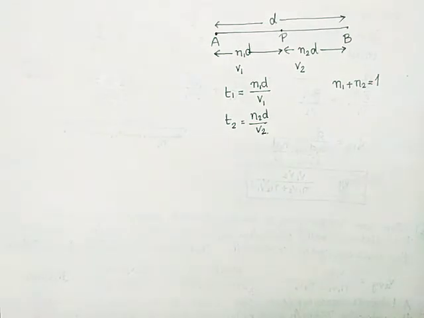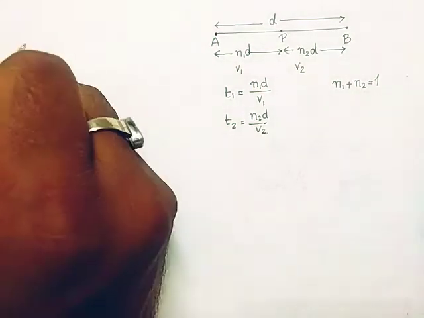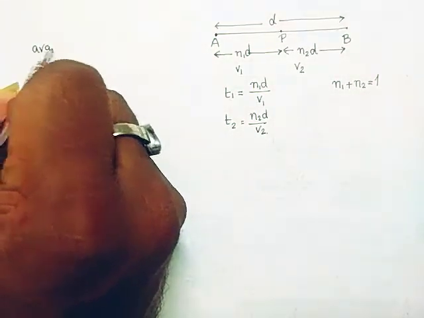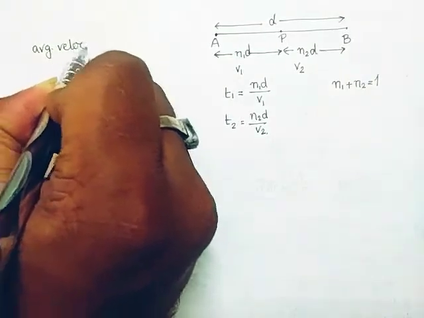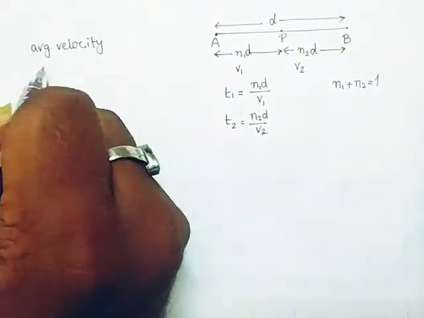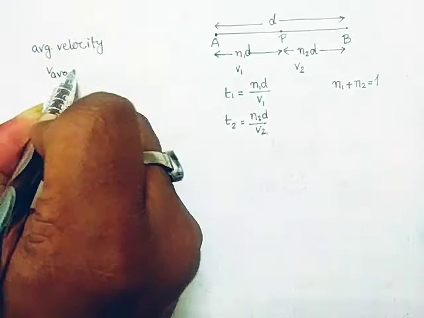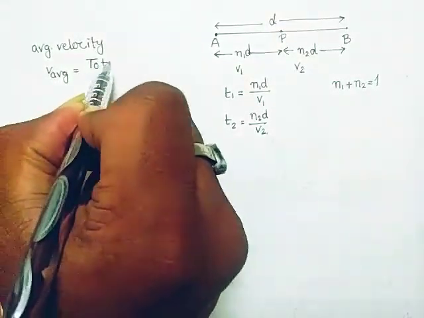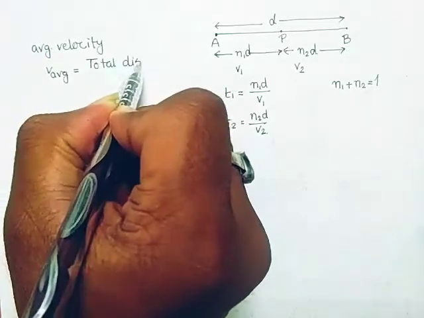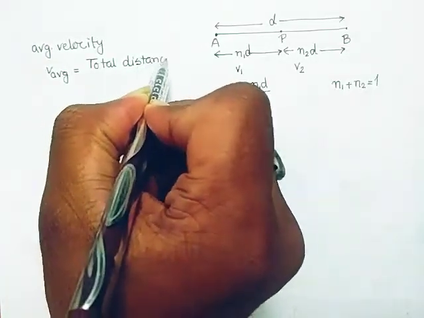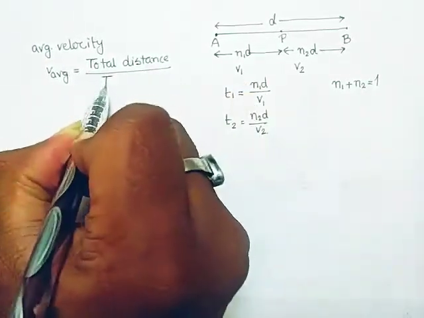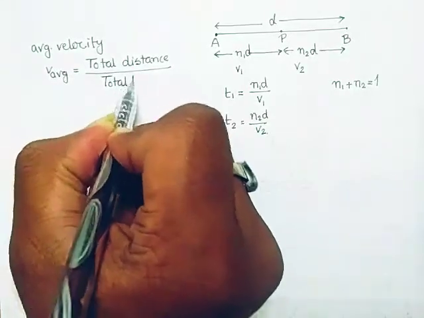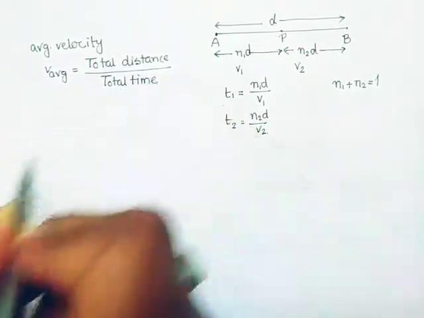The average velocity, which is denoted by v average, is defined as the total distance divided by the total time.